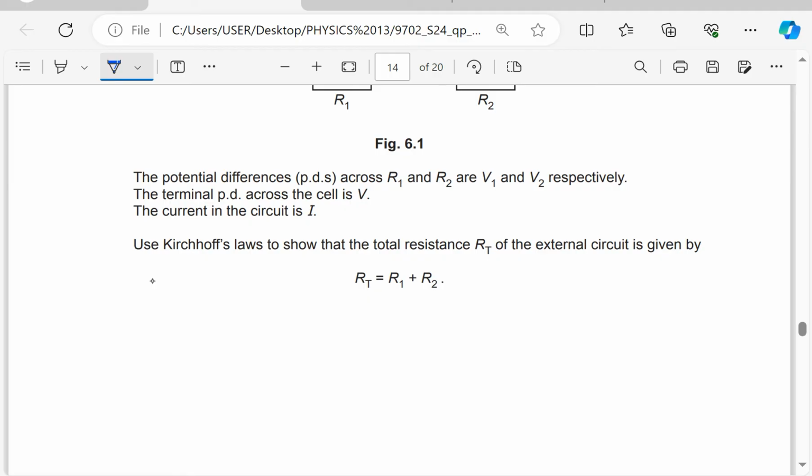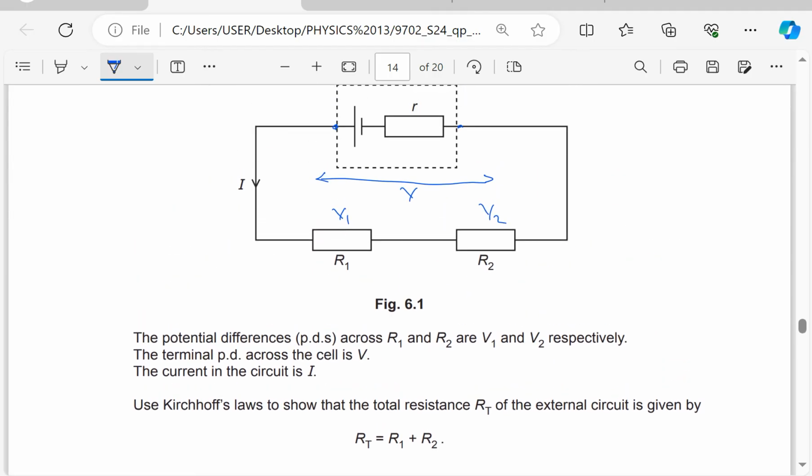So I can start with Kirchhoff's second law by drawing in a loop. Let me draw a loop from this point to that. Let the loop be anticlockwise.